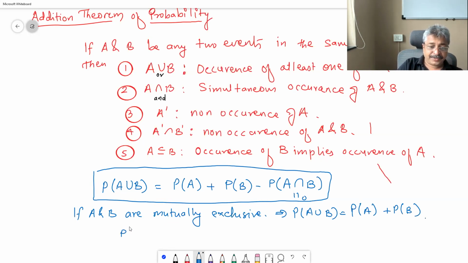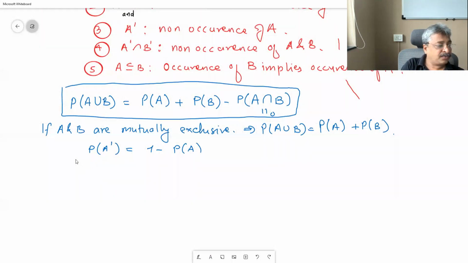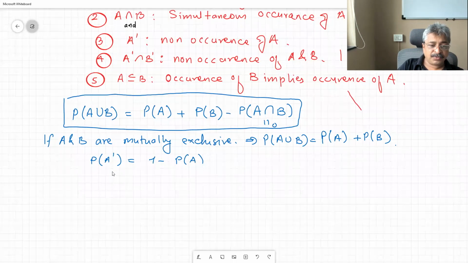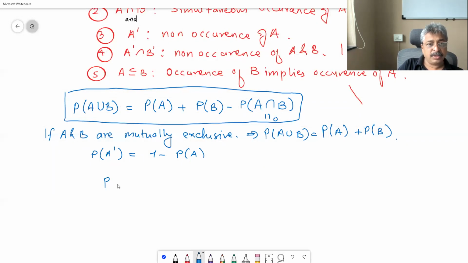Probability of A dash is equal to 1 minus the probability of A. A and A dash are mutually exclusive and collectively exhaustive. Then the probability of A dash is going to be 1 minus the probability of A. Can you show me the probability of A intersection B dash?